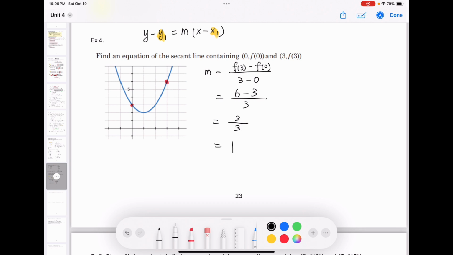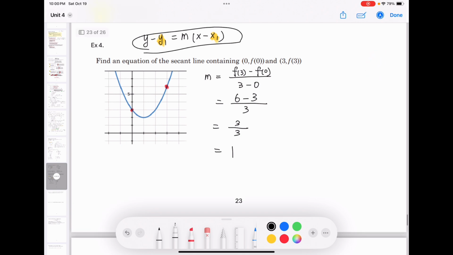So if I have a slope, how do I find the equation? If I have a point and I have a slope, I plug them into this expression, and I can find my linear line equation.